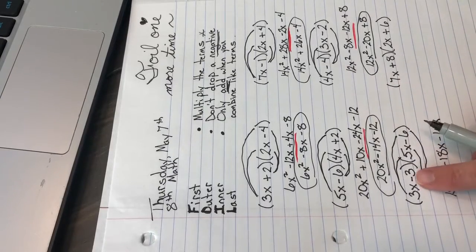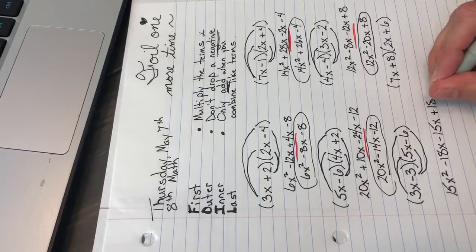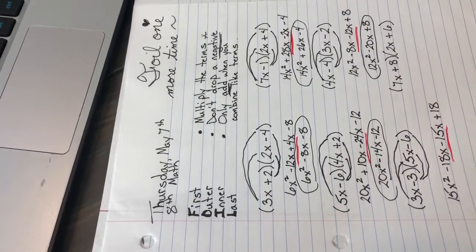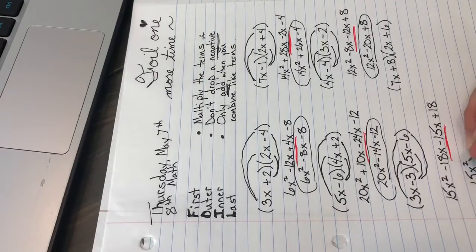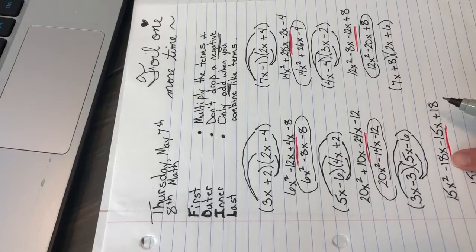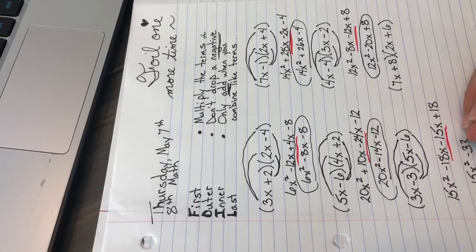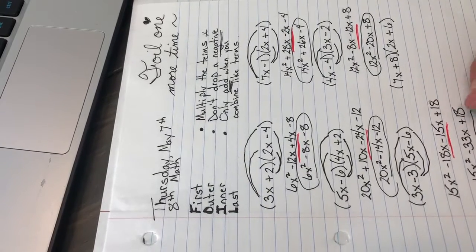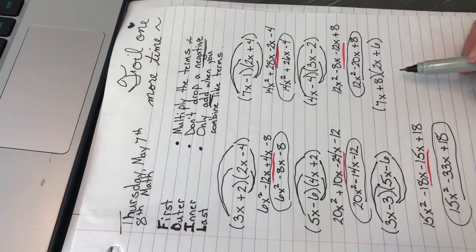And then last, negative 3 times a negative 6, so positive 18. Add your like terms in the middle. We get 15x squared. A negative 18 and a negative 15 is a negative 33x. Bring down your constant. Circle your answer. Okay, last one.